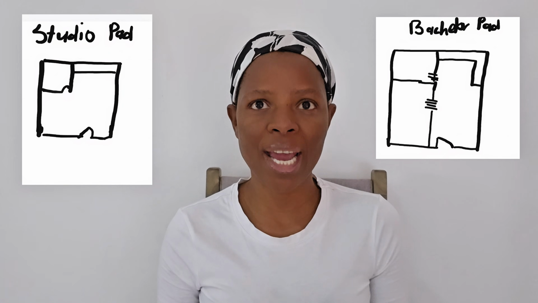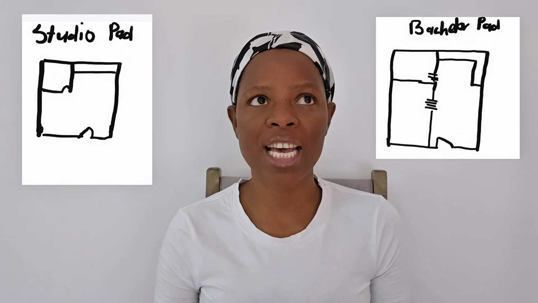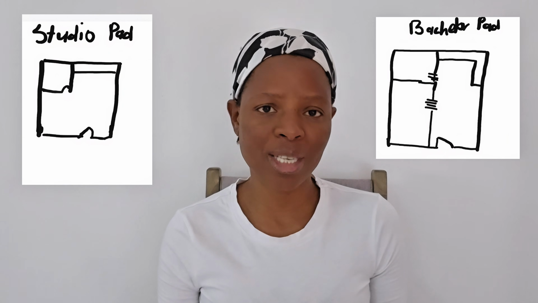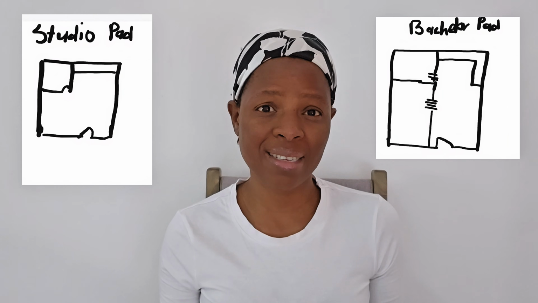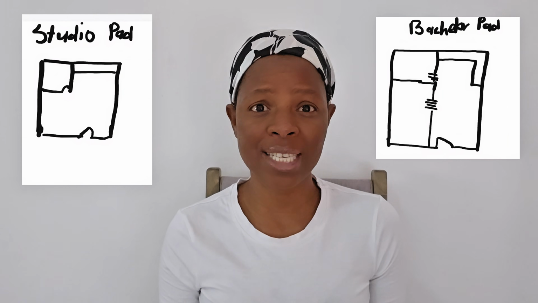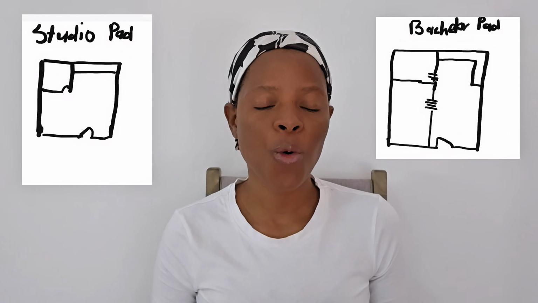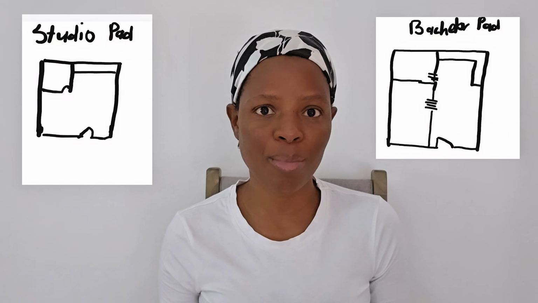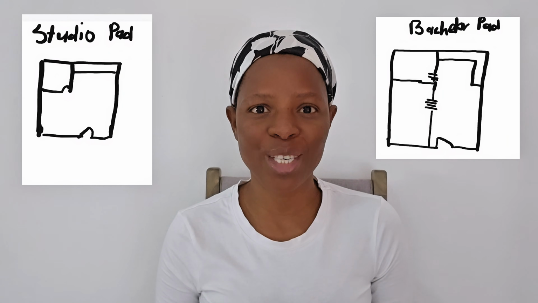That's a bachelor pad. And normally the minimum dimensions for a bachelor pad is 6 meters by 5 meters, a minimum of 30 square meters. So I hope by now you get these distinctions very clearly, and you now know what a studio pad is and what a bachelor pad is, and you can decide on the one that you are going to go with.